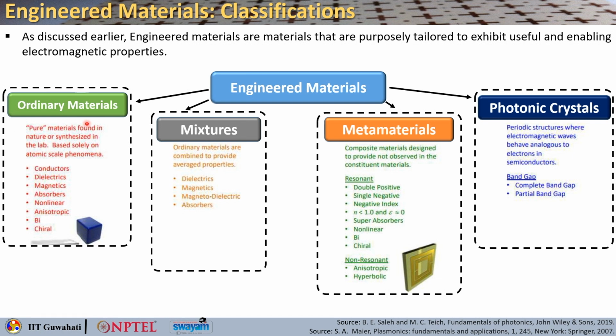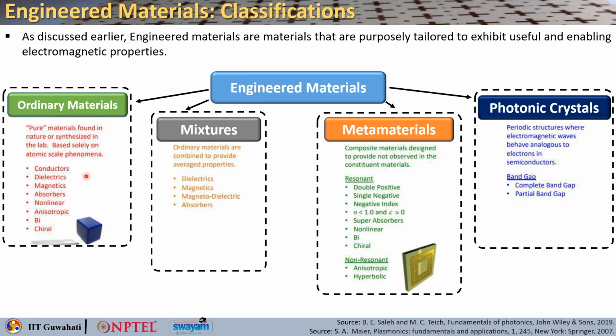You start with ordinary materials, which are the pure materials found in nature, or you can synthesize them in the lab. Now, based solely on atomic scale phenomena, you can break them into different subcategories, something like conductors, dielectrics, magnetics, absorbers, and so on.